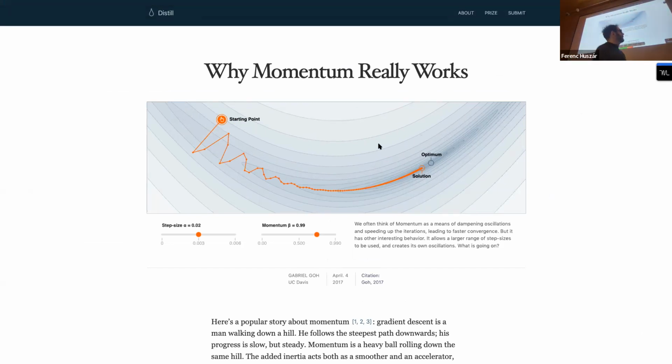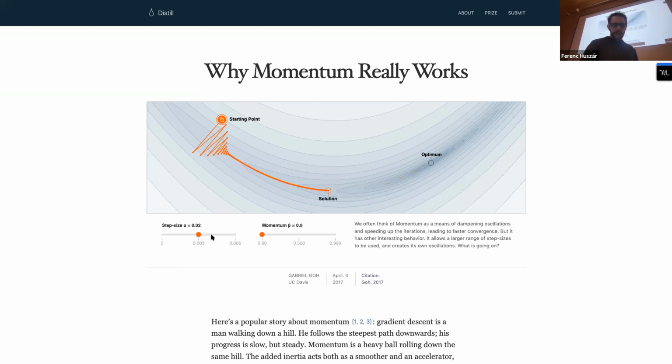Okay, I think it's big enough. This nice interactive article illustrates why momentum works. So what you're looking at here is a loss surface in 2 dimensions. Darker values mean lower value of the loss. So you want to end up in the optimum, which is shown here. And this illustration always shows you the same number of gradient descent steps. So starting from here, each of these dots is a gradient descent step.